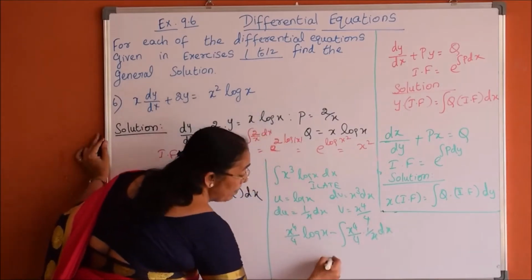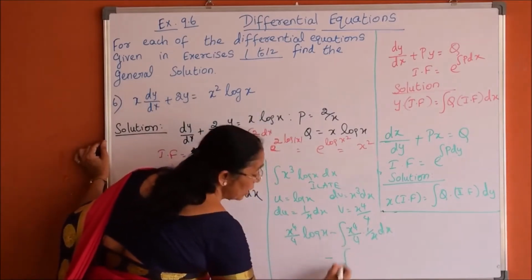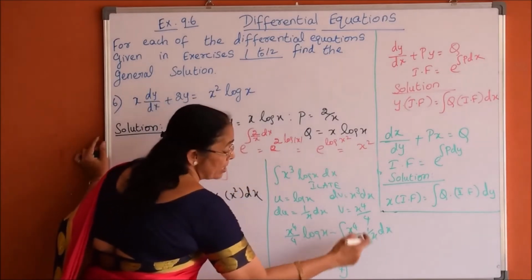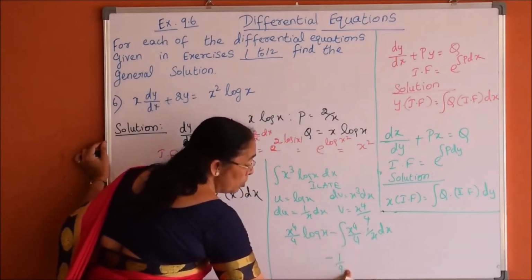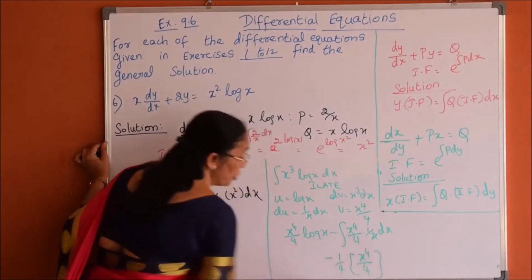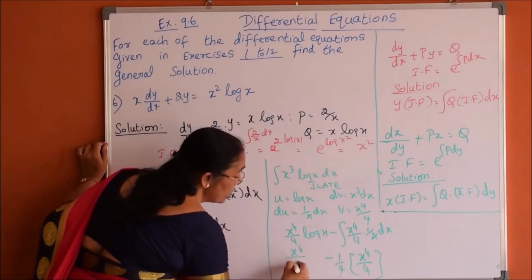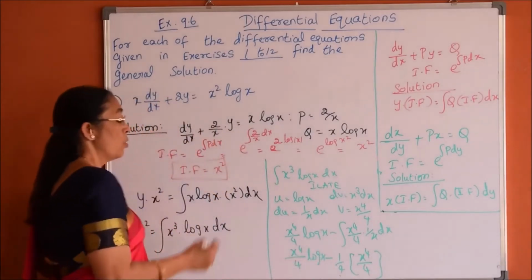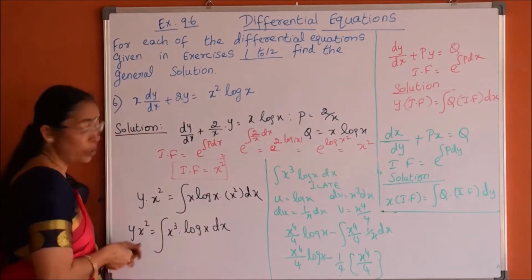So the second part is the integration where 1 by 4 can be taken outside. X power 4 by x is x cube. So the integration of x cube is x to the power of 4 divided by 4. So the final answer is x power 4 by 4 log x minus 1 by 16 of x power 4.